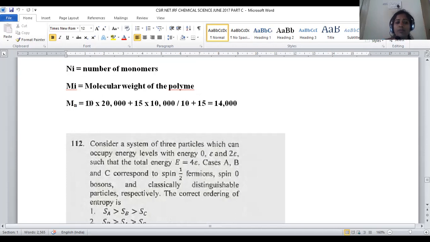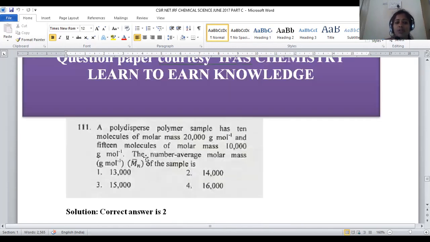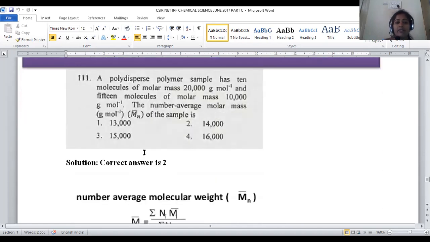So here 10 monomeric units have 20,000 molar mass, and 15 molecules have 10,000 molar mass. That's why 10 into 20,000 plus 15 into 10,000 by 10 plus 15 is equal to, we will get 14,000. This is the number average molar mass of this polydispersed polymeric system. Hence, for question number 111, option 2 will be the right answer, right?